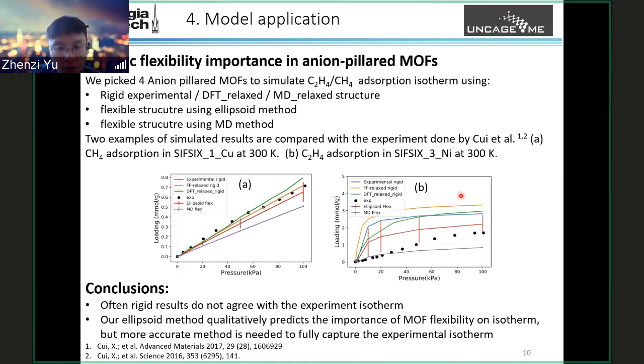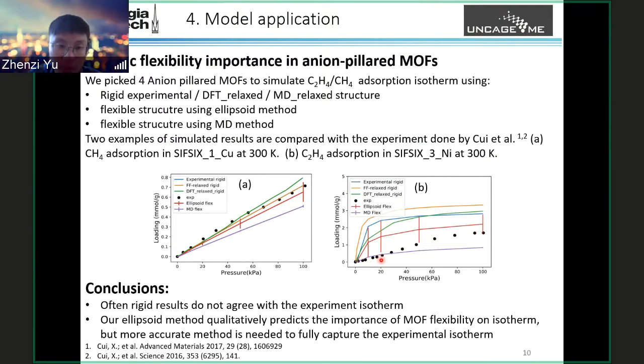For the right case, it's a little bit more complicated. We can see all the 3 different rigid structures give very different predictions if we refer to this black dot, which are the experimental results. And the red line and this purple line, which represent the flexible structure predictions, are much closer to the experimental observation.